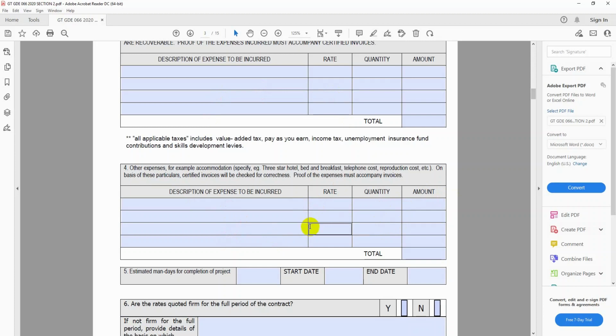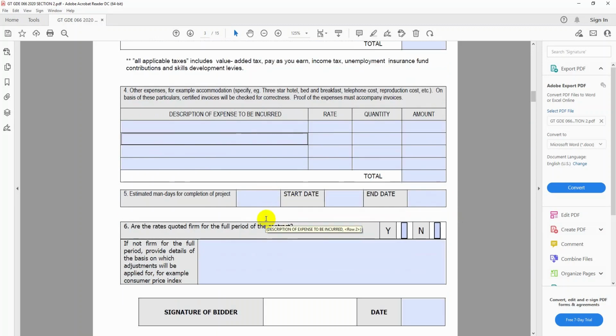But for those in that kind of service, you'll put the rate there for your hotel and the food and everything. Let's say you put your 3-star rate per night, and then how many nights you slept, and then you get the total amount for this accommodation.